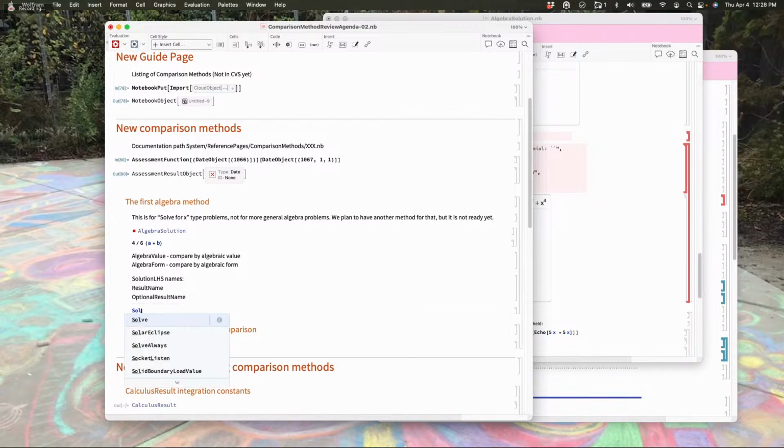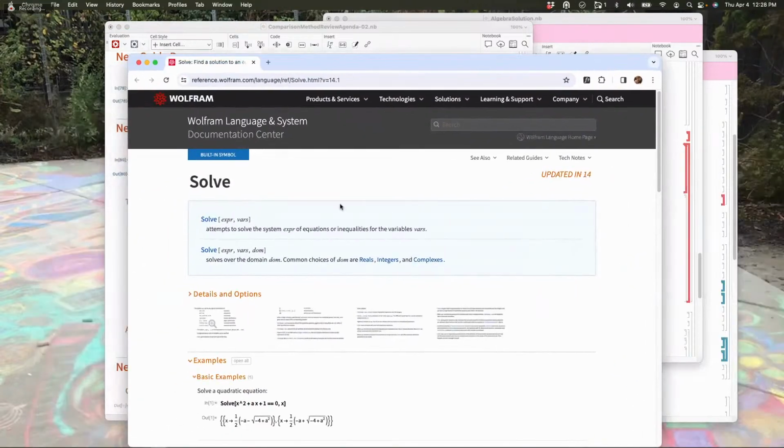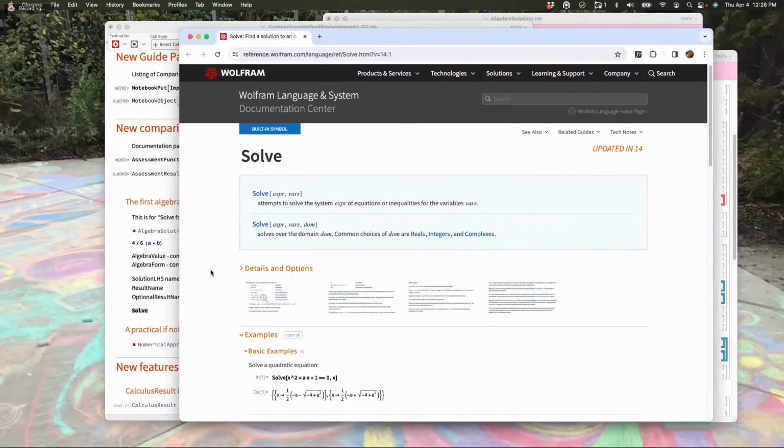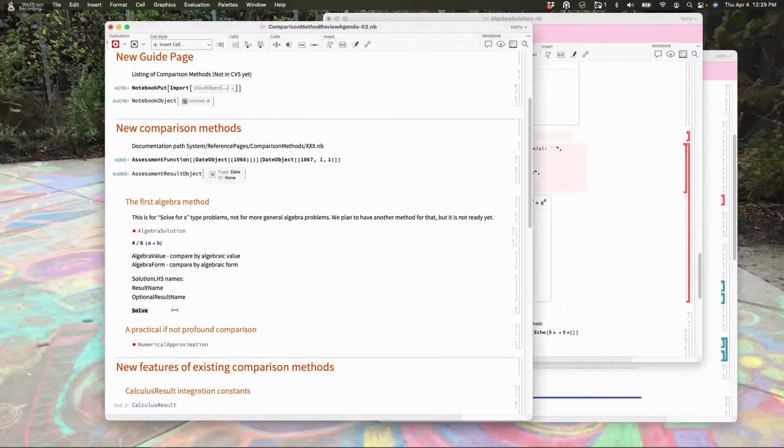What do we call the second argument in solve in the documentation? Variable. You just call it a variable. But I don't know whether this is always going to be used for solve. I think optional result name is nice and neutral and says the right thing. Okay, we can rename it that.